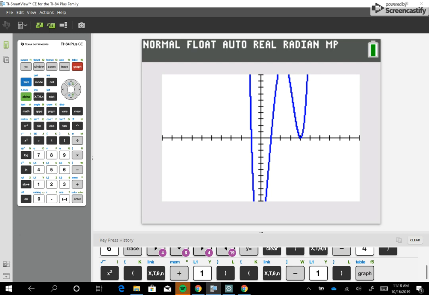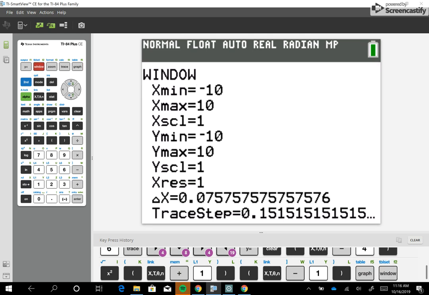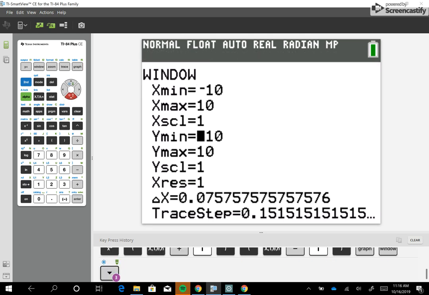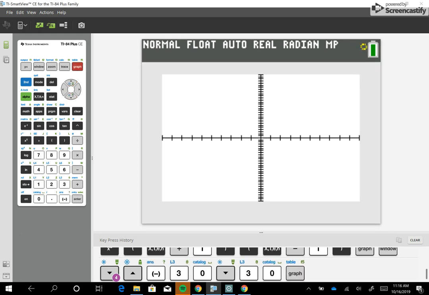At x equals -1, looks like my graph is going through it. At x equals +1, it's going through it. But looking at x equals 4, it's bouncing off of it much like a parabola would look. If I change my y values, I'm going to make them lower and higher just so we can see them. There you go. You can see what this graph looks like a little better.